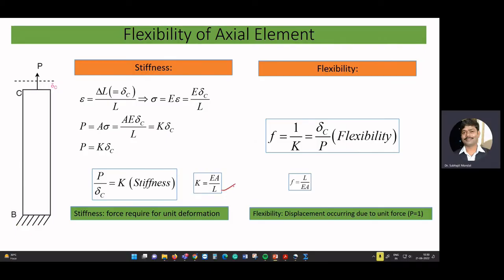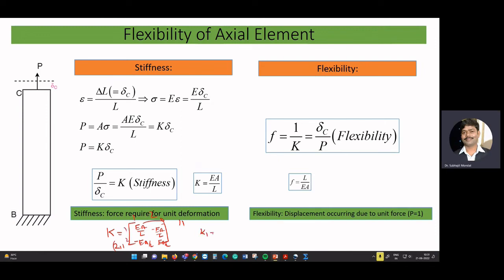Stiffness is EA by L. Probably you can recall that in the case of an axial element, we obtain the matrix like this: EA by L, here minus EA by L, here also minus EA by L, and EA by L. So this was 1 1 and this was 2 1, 1 2.